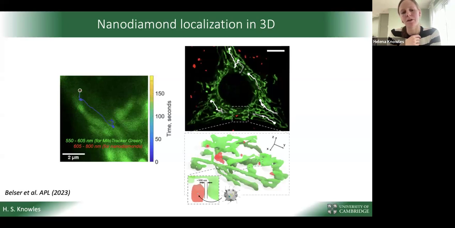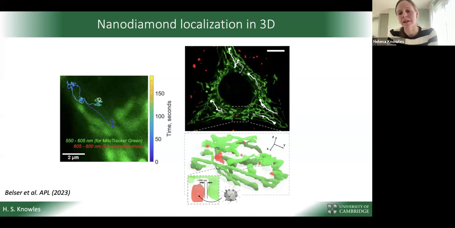And one key thing when doing this sensing is to know where you are, because if you only see your diamond nanocrystal and you measure something interesting, but you can't tell where this was measured, then there's very little value in that actual measurement. So actually localizing the diamond nanocrystal to a particular region of a cell is really important.